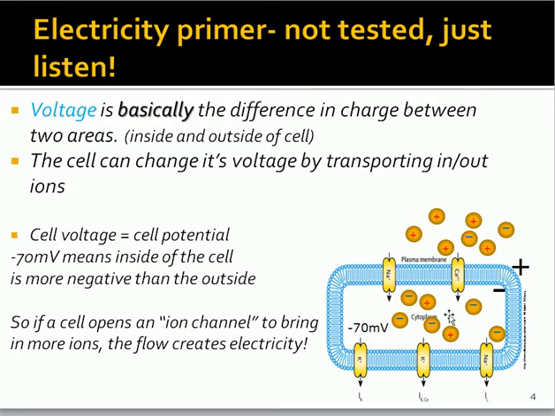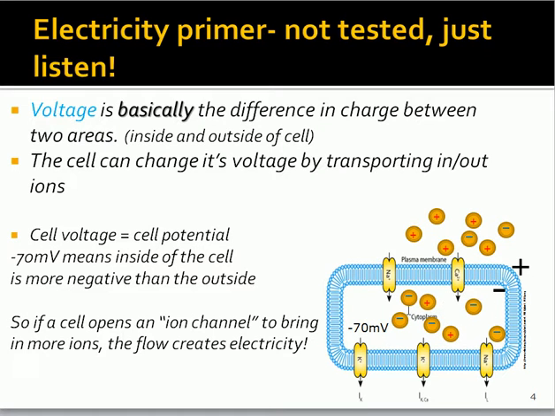Well, you have more negative ions on the inside than positive, so that's a negative charge. And out here you have more positive ions than you have negative, so that's got a positive charge. Show that here as a positive on the outside and a negative on the inside. So that's going to be its cell voltage, or the cell potential, the difference between these.